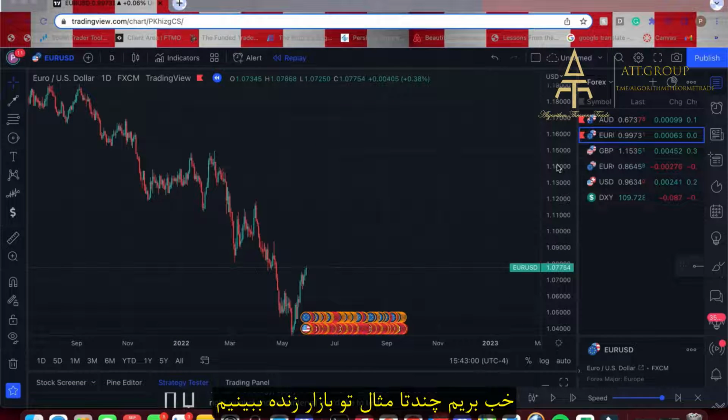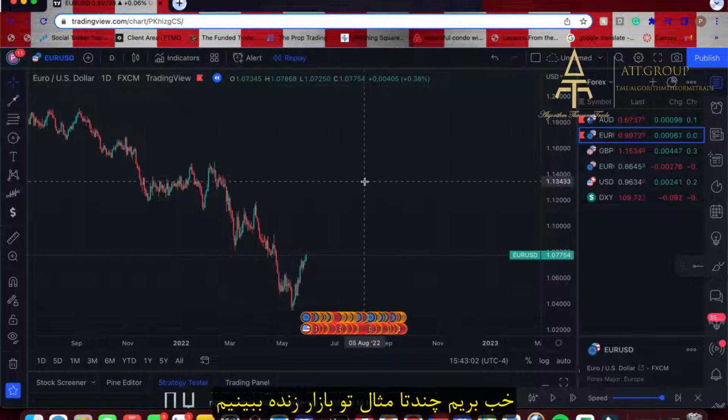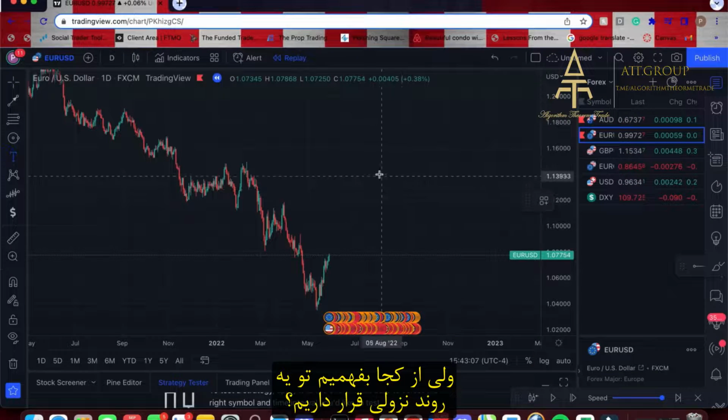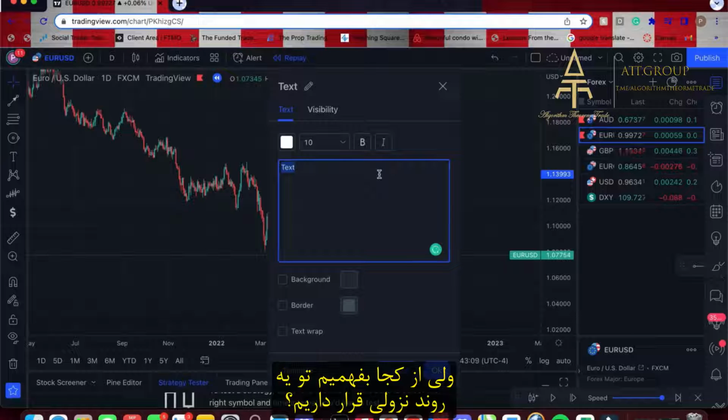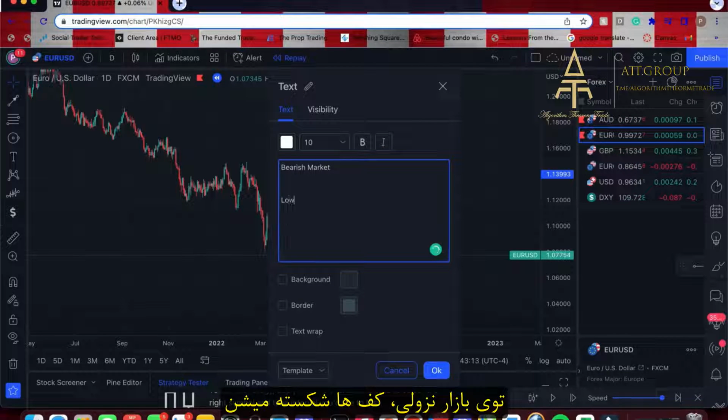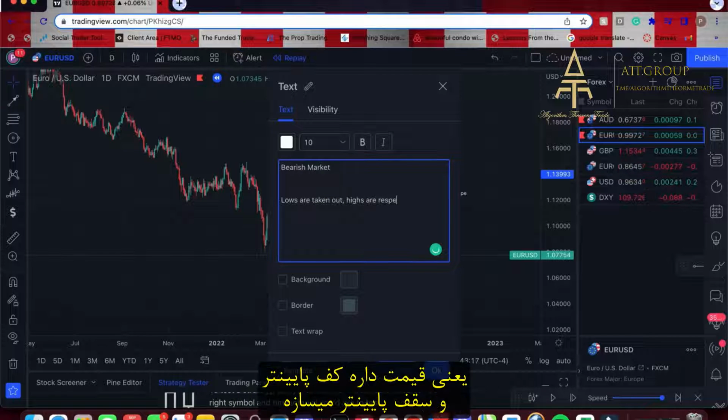Okay guys, so let's look at some real life examples. As we can see here, we can tell that we are in a bearish trend. But how do we know we're in a bearish trend? Because, like I mentioned before, in a bearish market, the lows are taken out and the highs are respected. Meaning price will make lower lows and lower highs.